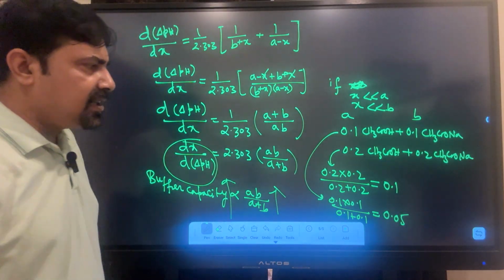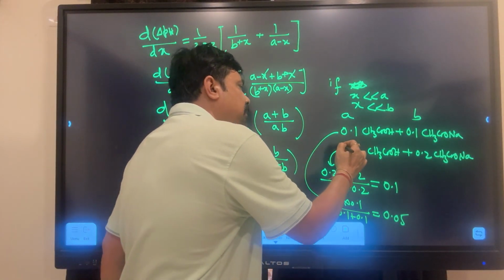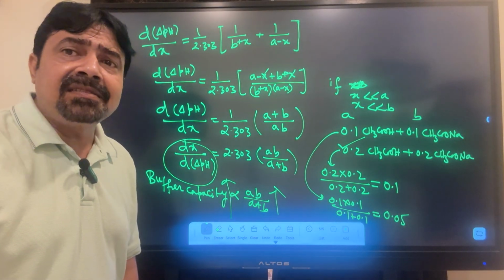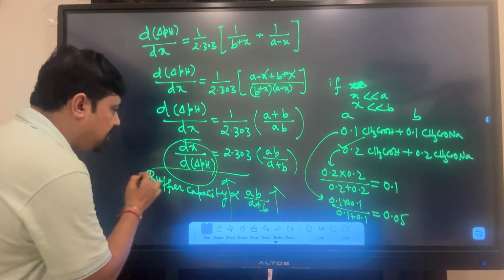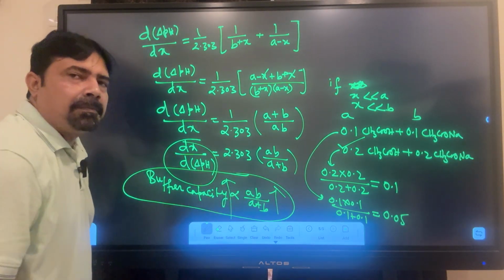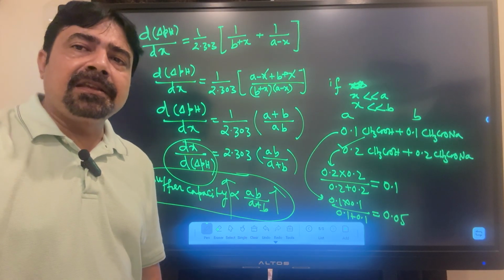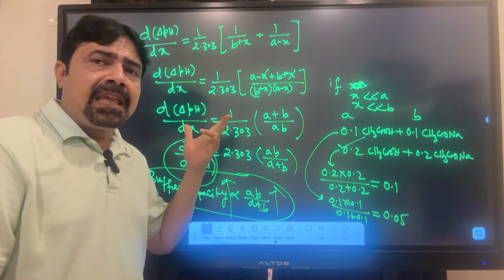So if you look at both the cases, in this case my AB by A plus B is coming more. That's why it has more buffer capacity. So this is the very important parameter we reached. The buffer capacity is directly proportional to AB by A plus B, or maximum buffer capacity will be equal to AB by A plus B.